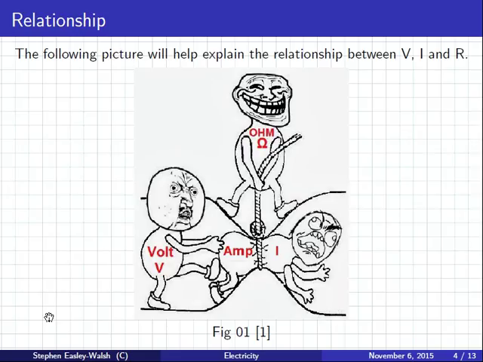So, the following picture will help explain the relationship for V, I and R, because there is a relationship between voltage, current and resistance. This picture here will explain everything. Now let me explain. So, the current, he is unhappy. The resistance, you can see, makes it difficult for the current to move through, and he has to fight to get in.